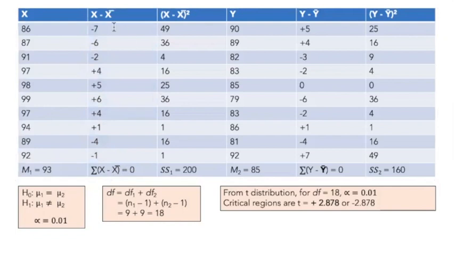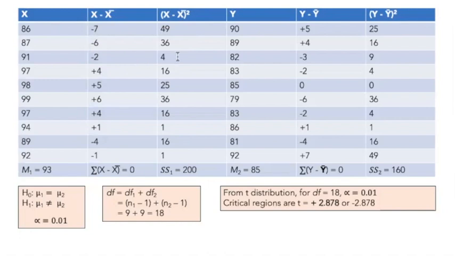Now what you have to do is take x minus x bar, then square this value. So x minus x bar squared. Now x minus x bar for the first score here is minus 7. So minus 7 times minus 7 is plus 49. Minus 6 times minus 6 is 36.